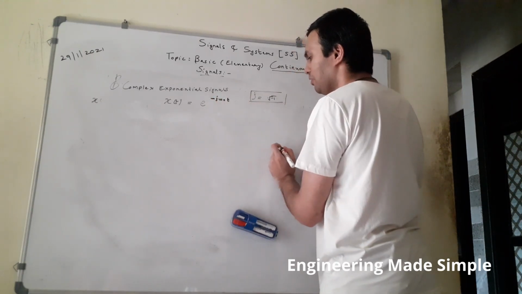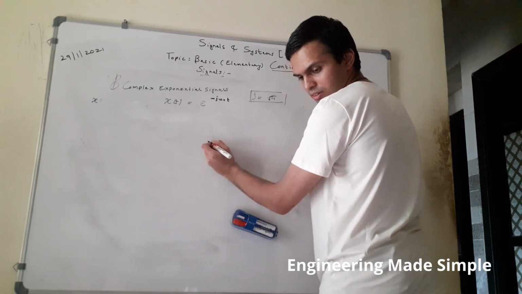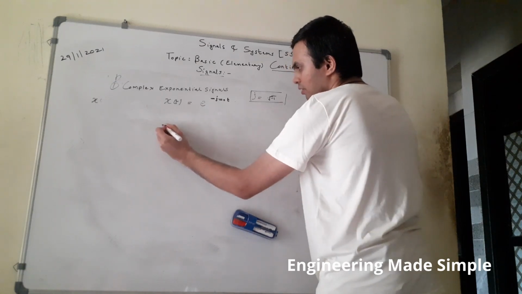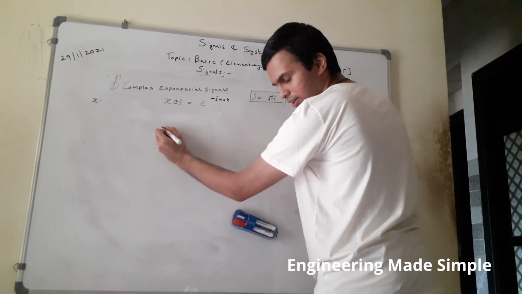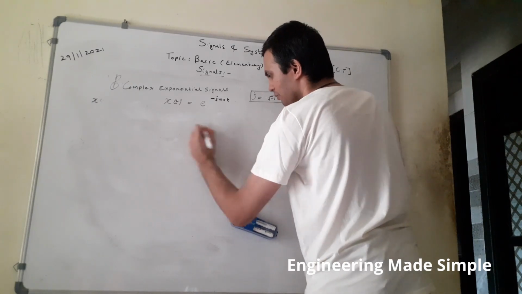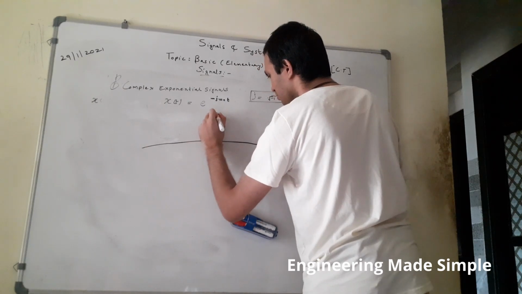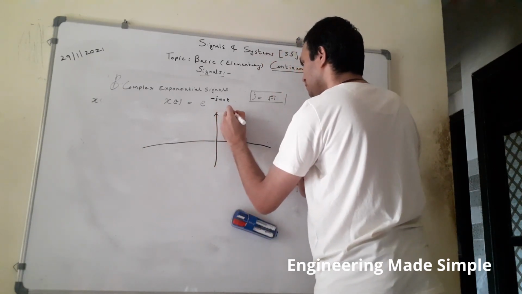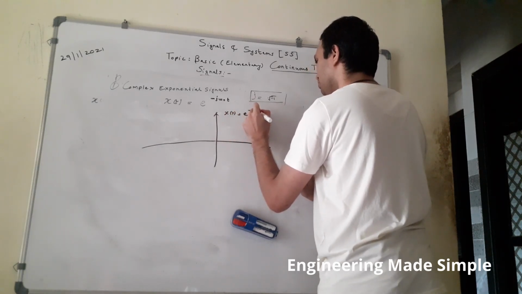Now let us see how its plot would be. So it is the decreasing one, so let us draw its plot over here. This is the decreasing case, x of t is equal to e raised to minus j omega naught t.